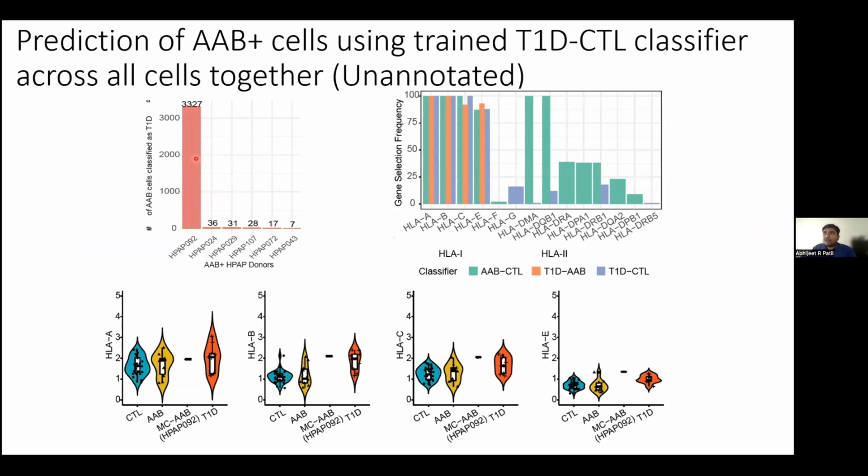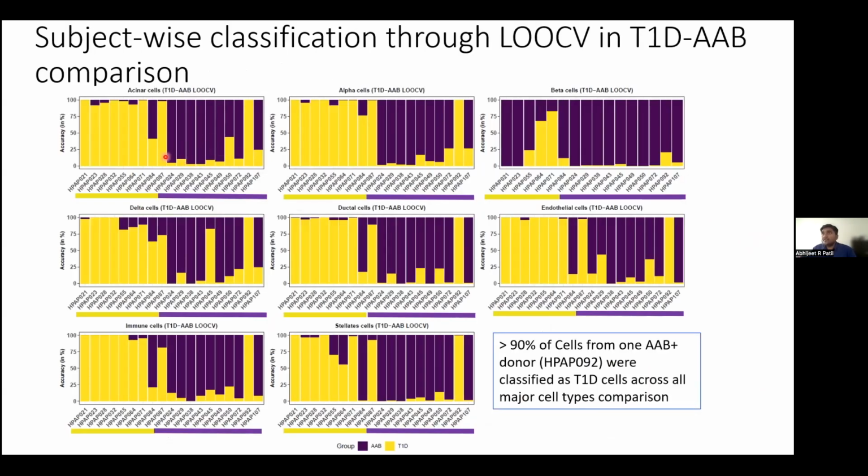We chose all these autoantibody positive donors, as well as type 1 diabetic donors, as a test set each time, so it is done subject-wise. So in one case, all the other donors will be used as the training set, and one particular donor will be used as the test set.